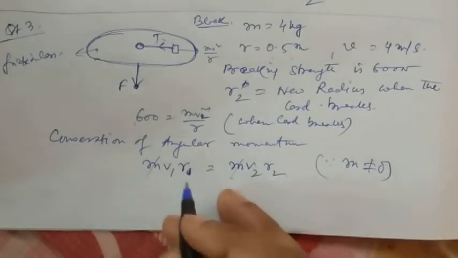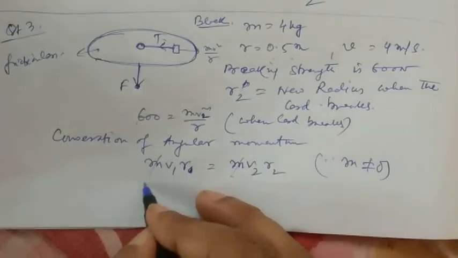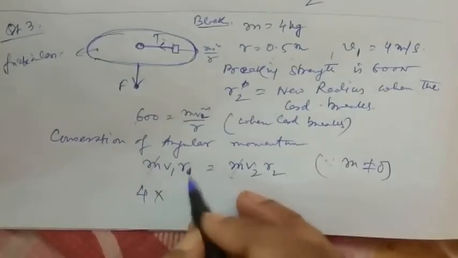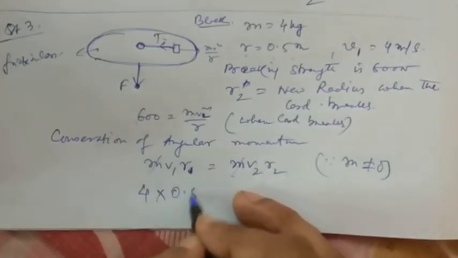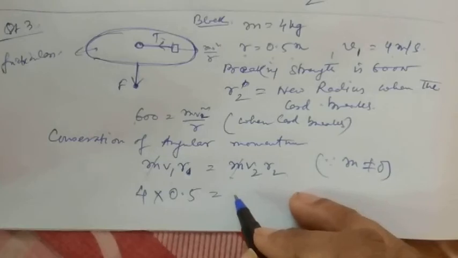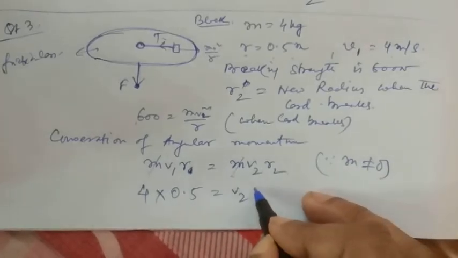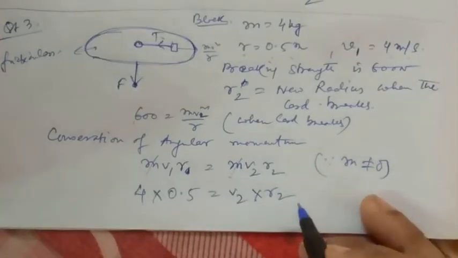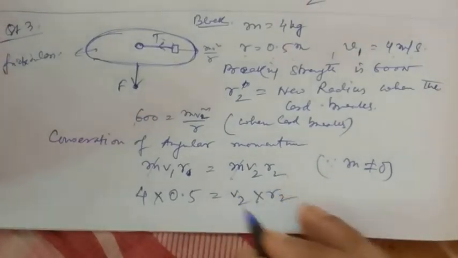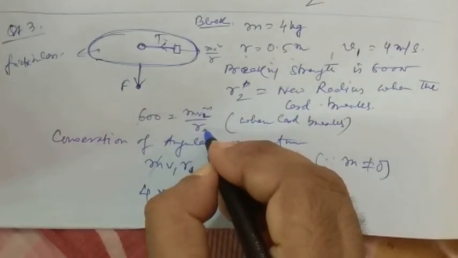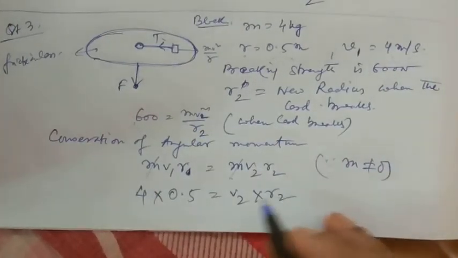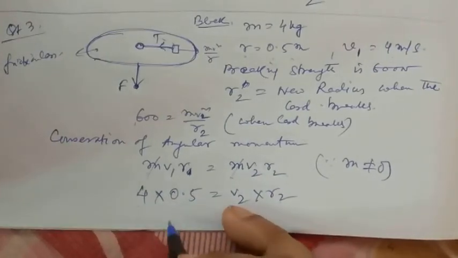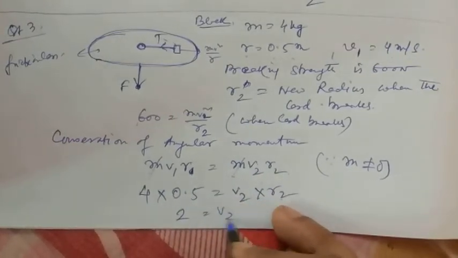So we replace the values. What is v1? v1 is 4 meter per second into what was r, 0.5. Now v2 into r2. So the relation between v2 and r2 is 4 into 0.5, which means 2, equals v2 r2.